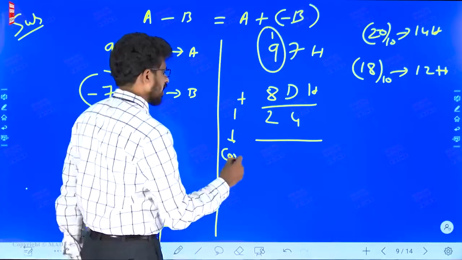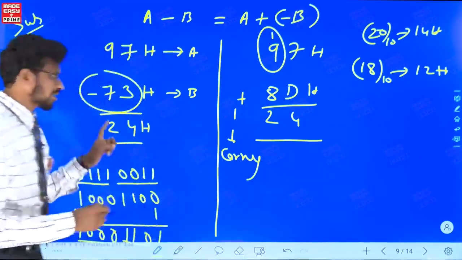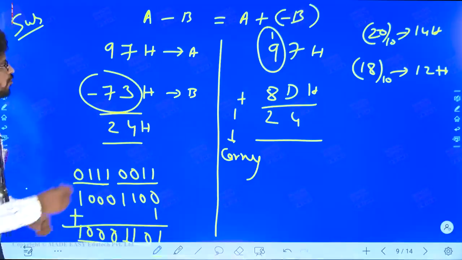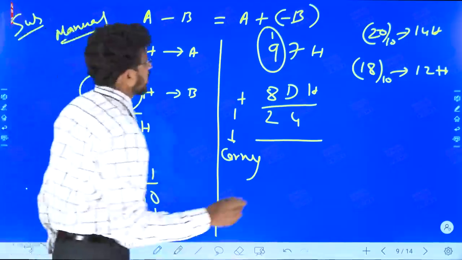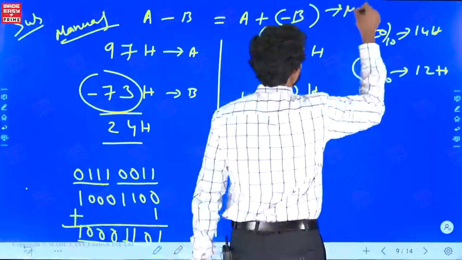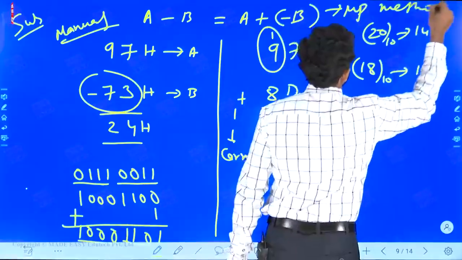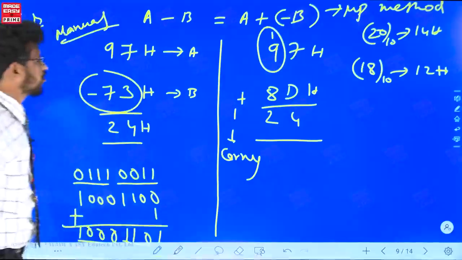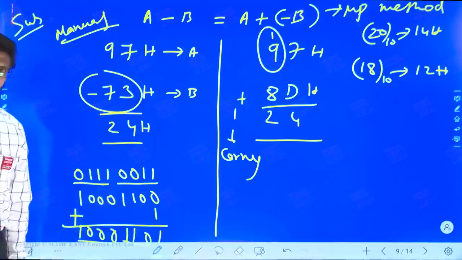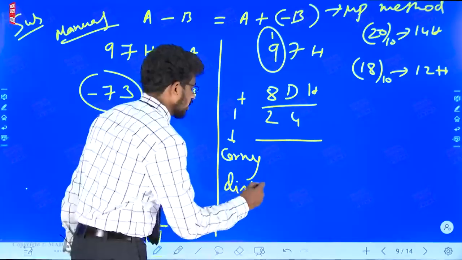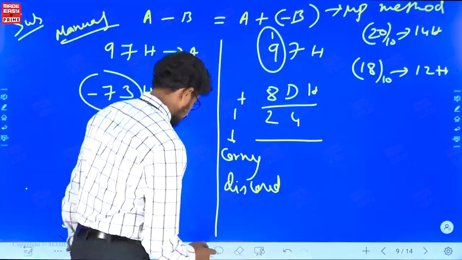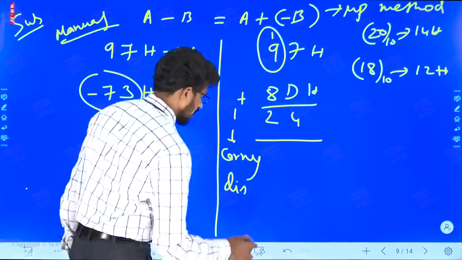This 1 is carry. Now tell me, can the result contradict when you solved it in the manual method? This is the manual method, and this one is the processor method. So can the results contradict each other? No. That is why you discard this particular carry. What to do with this carry we'll see later on.